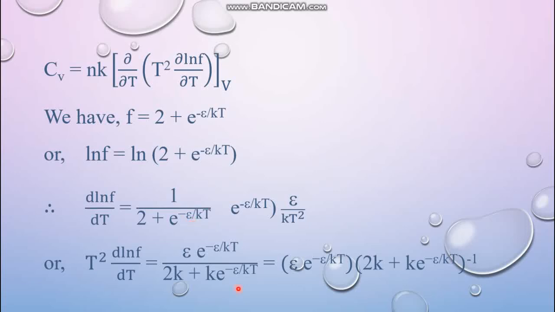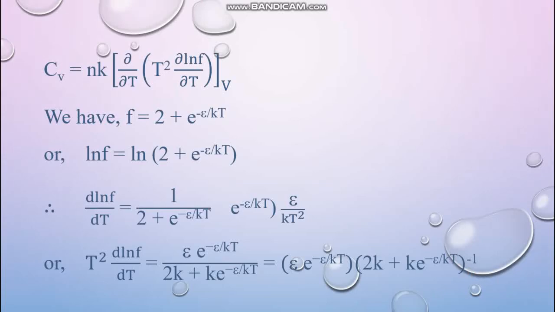Now the numerator part has been embraced within the first bracket, and the denominator part is also embraced within a bracket, but with a negative power, because it is in the denominator, so it is to the power minus 1. Then it would be easier for you to differentiate this.